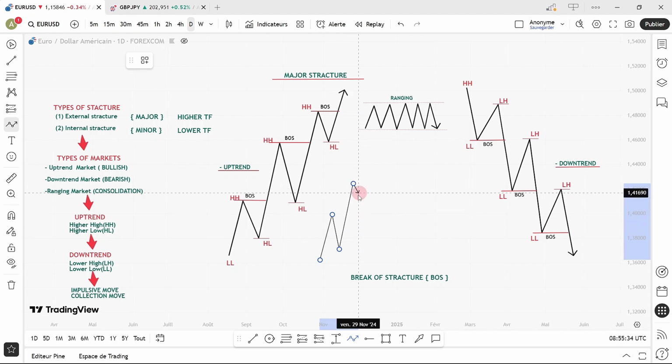As simple as that. This pullback or correctional move comes in, and as soon as the market starts to go up, just know it is going to attack this recent higher high so that it continues the uptrend. So once you enter on this correctional move, your targets should be here.